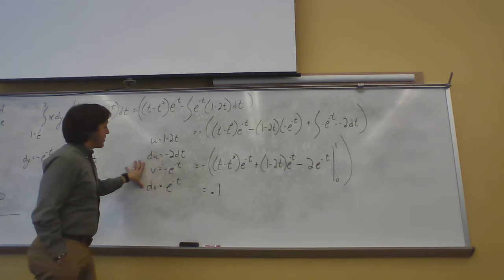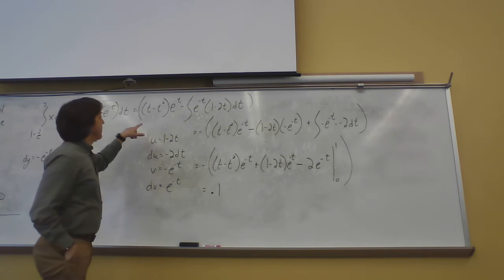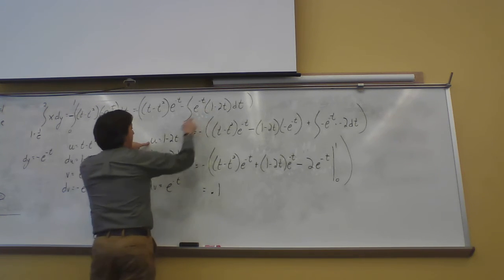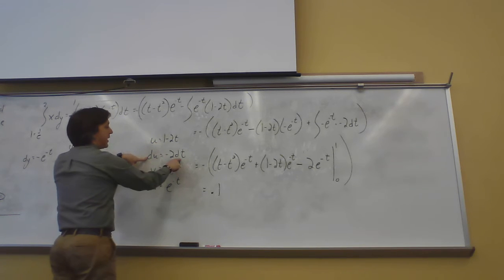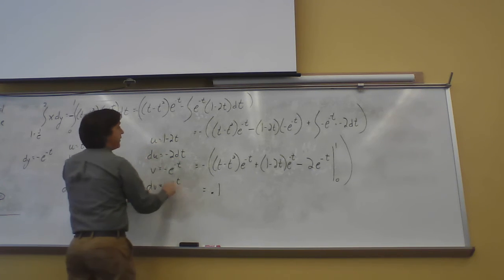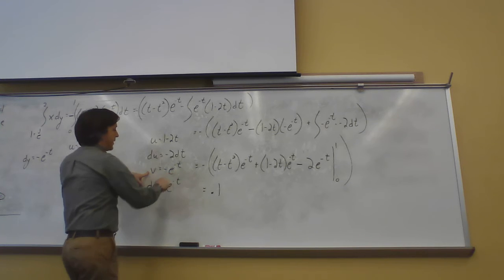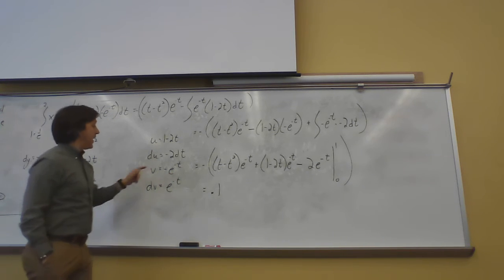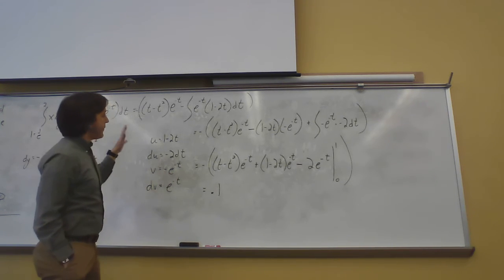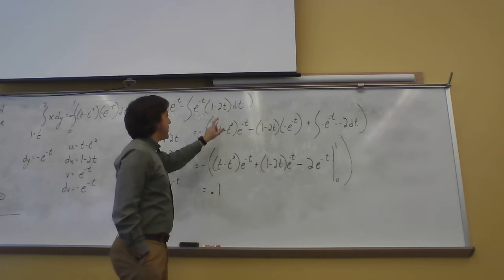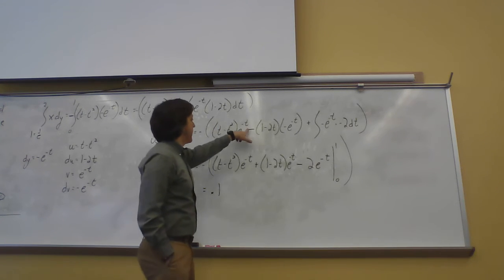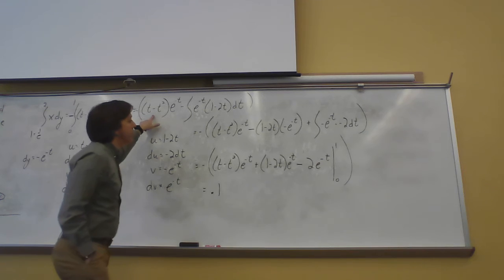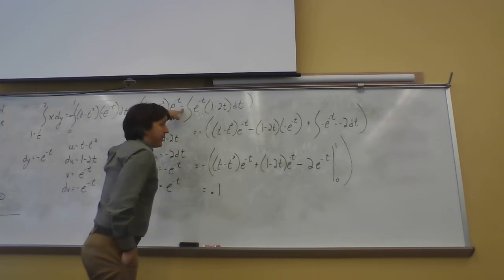Then I had to do integration by parts again. So this time I let u be that 1 minus 2t, which means du is negative 2 dt, and dv was e to the negative t, which means v is negative e to the negative t. So I wrote out the integration by parts. We have t minus t squared e to the negative t. That was left over from before. Be careful with this minus sign.